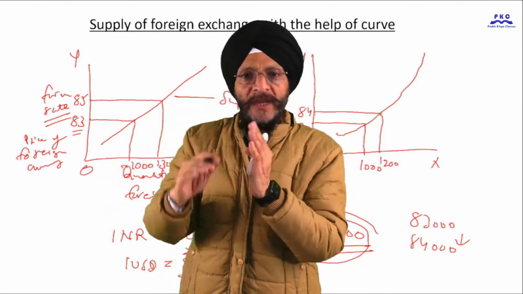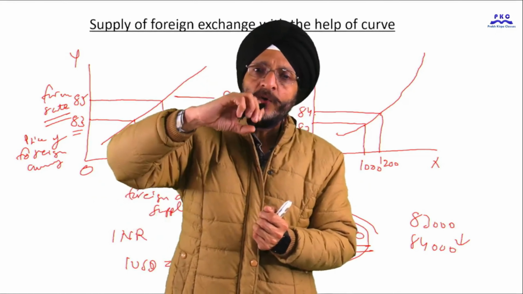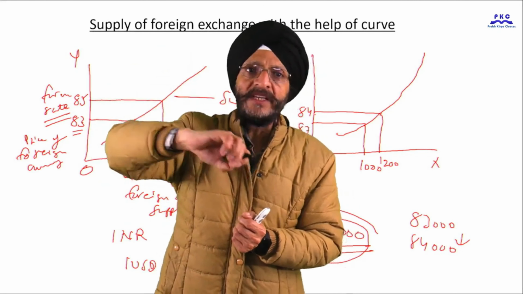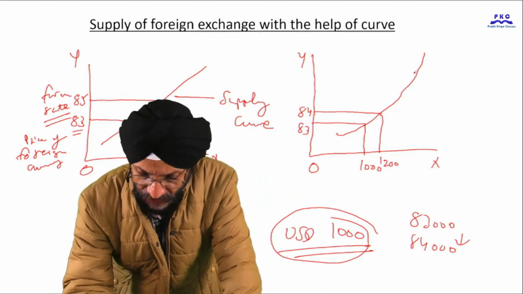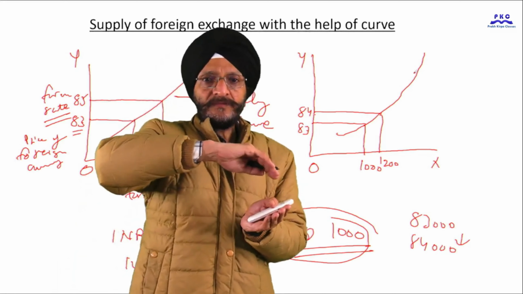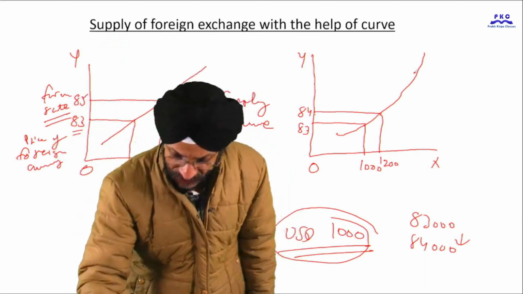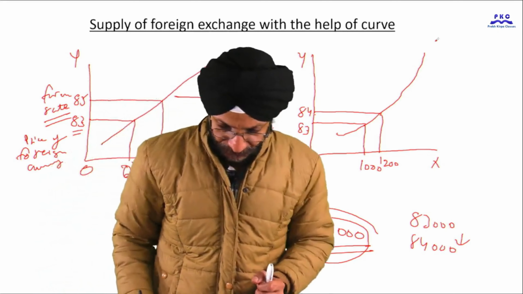It may not increase after a certain point, or the increase in quantity may fall with the increase in the price of foreign exchange. So this is the reason that though we normally take the supply curve as a straight line, normally it is in the form of a curve.